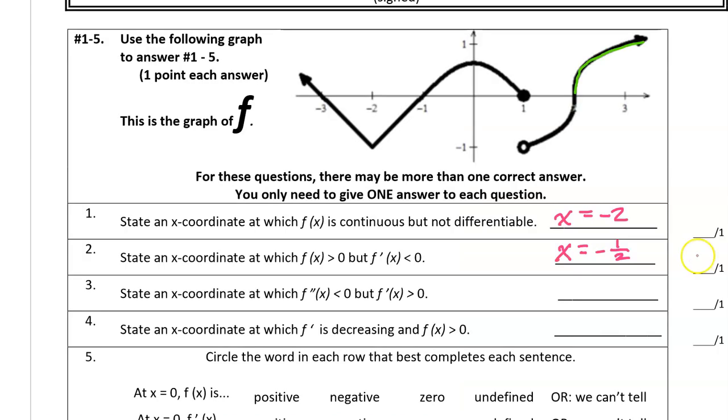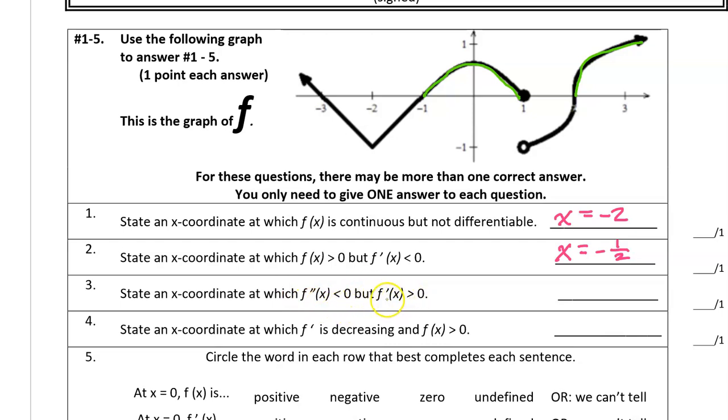Let's start with that. So where is the function concave down? So it's clearly concave down in this area, and it seems like it's concave down in this area. So that's a good place to start.